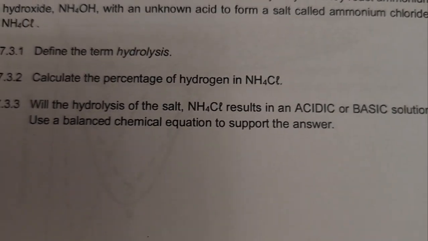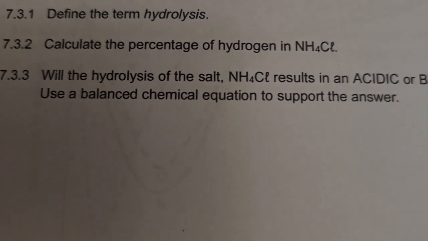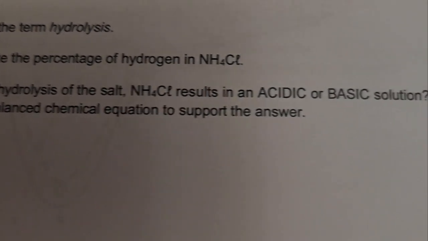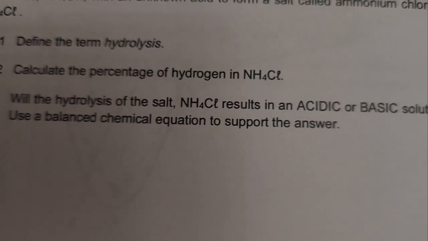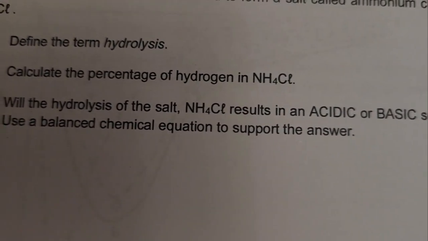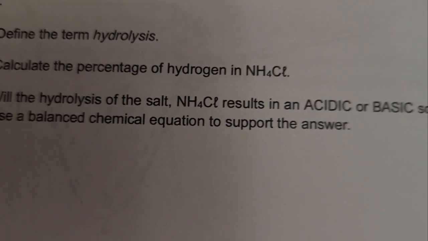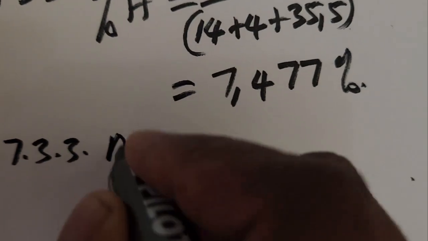Fine, 7.3.3, no problem. We found the percentage. Now they say to us, will the hydrolysis of the salt ammonium chloride result in acidic or basic? We look at the origin of the salt, because it's come from the weak base and a strong acid. Obviously it will be slightly acidic, therefore our first answer will be acidic.